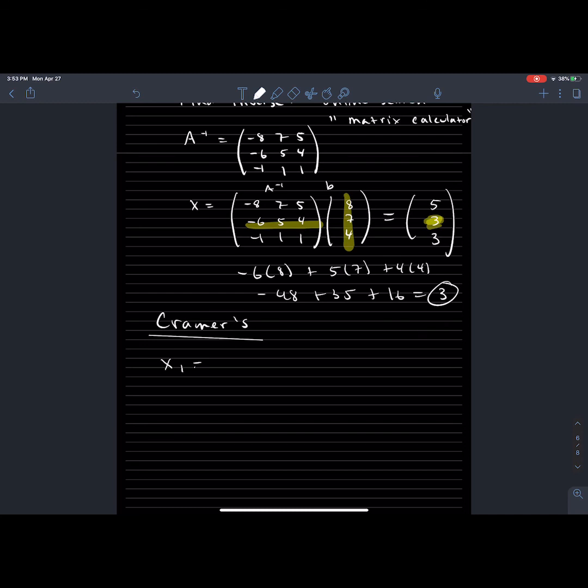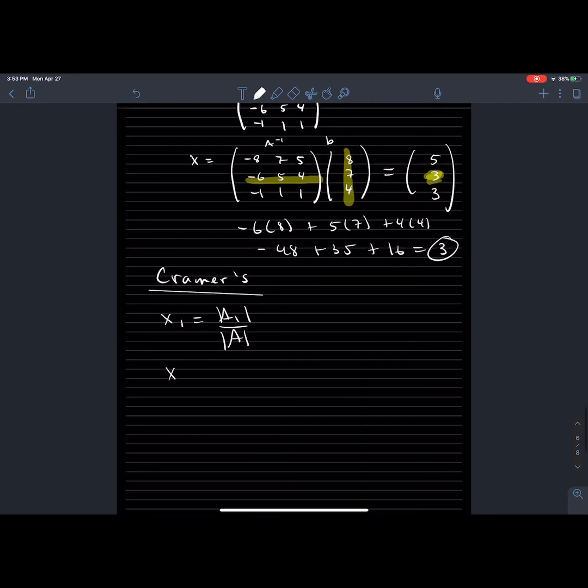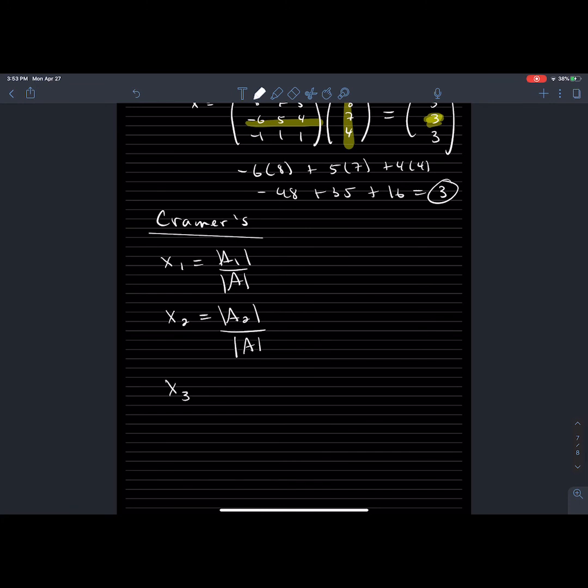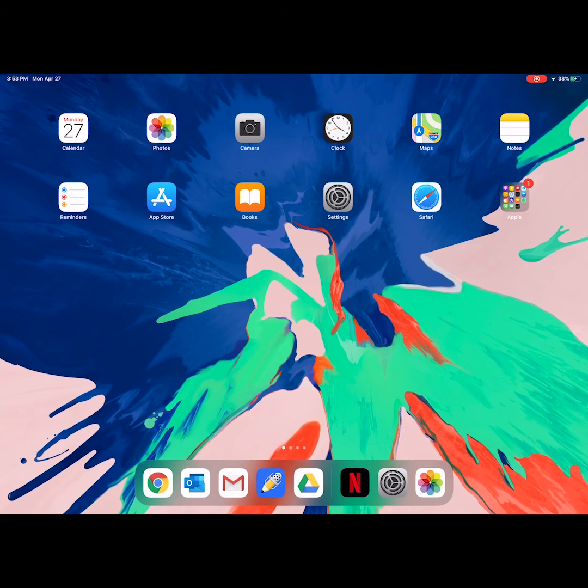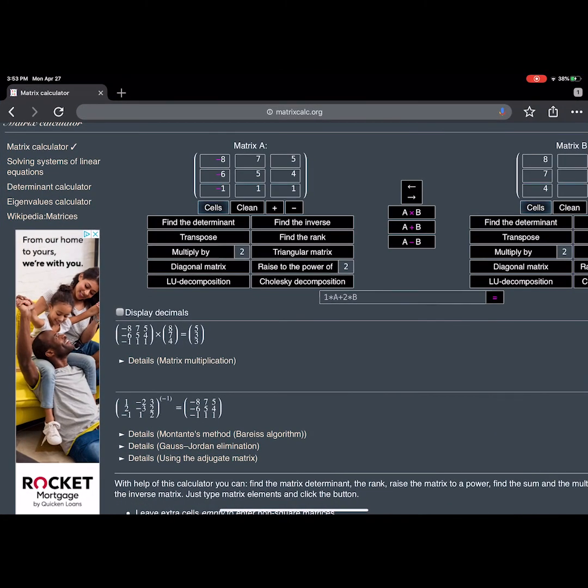We get x1 equals the determinant of A1 divided by the determinant of A, x2 equals the determinant of A2 divided by the determinant of A, and x3 is equal to the determinant of A3 divided by the determinant of A. And if we want, we can go back and use that.